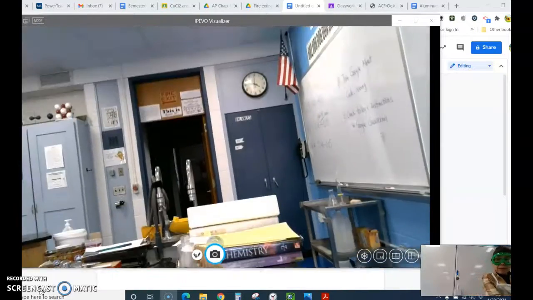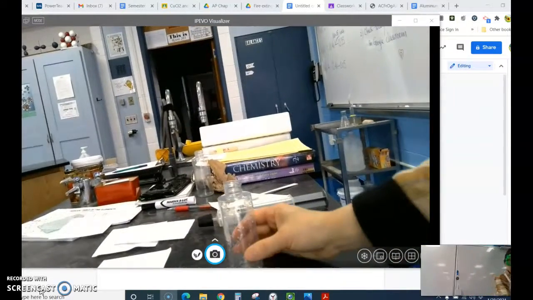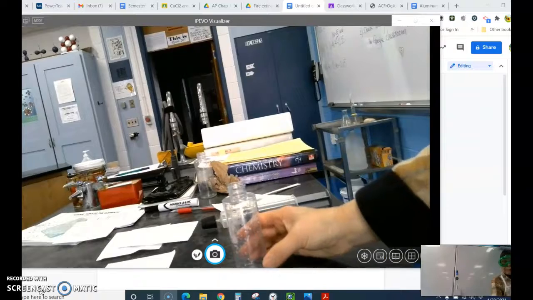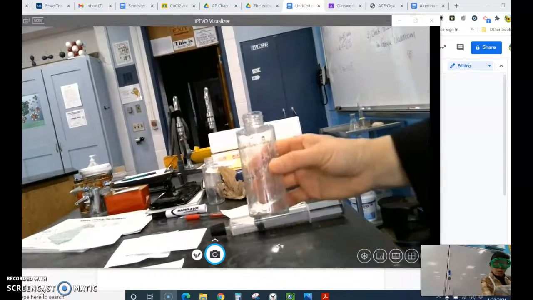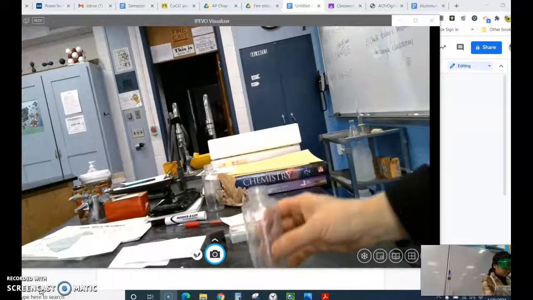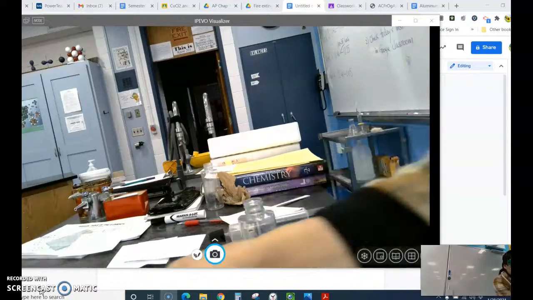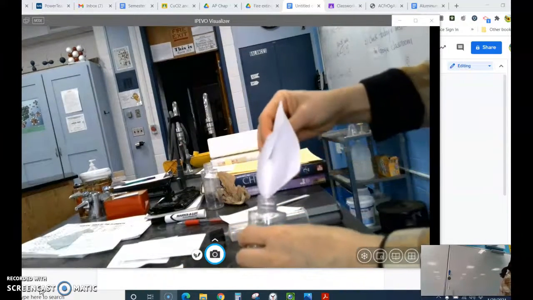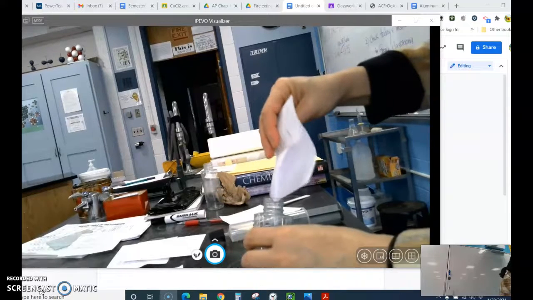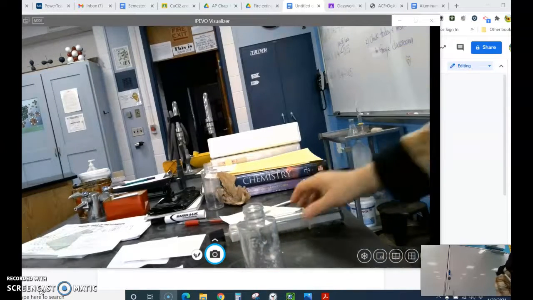This bottle will be used for the reaction to go on. First, I put this 0.25 gram of baking soda in.